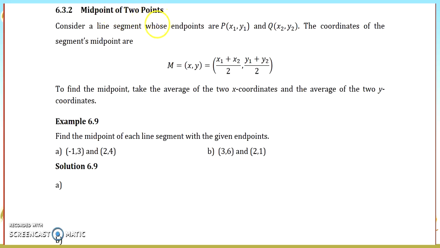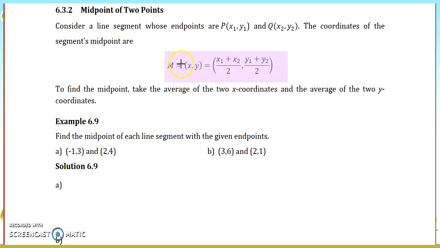Midpoint of two points. Consider a line segment whose endpoints are point P and point Q. The coordinates of the segment's midpoint are given by this formula.